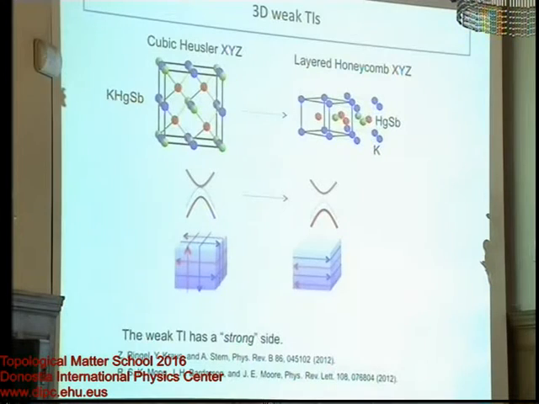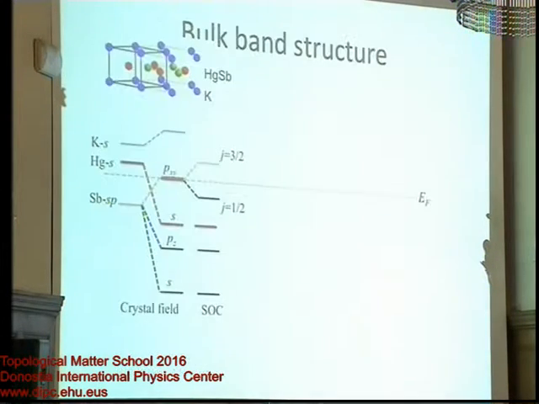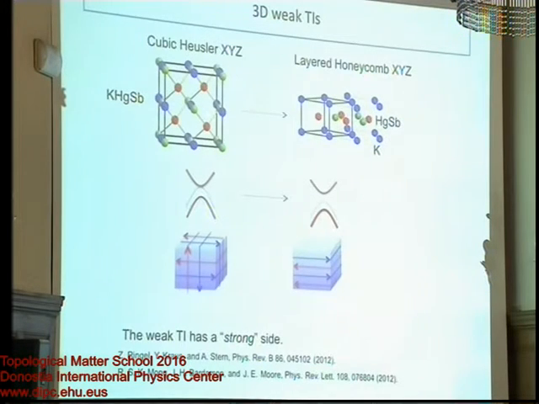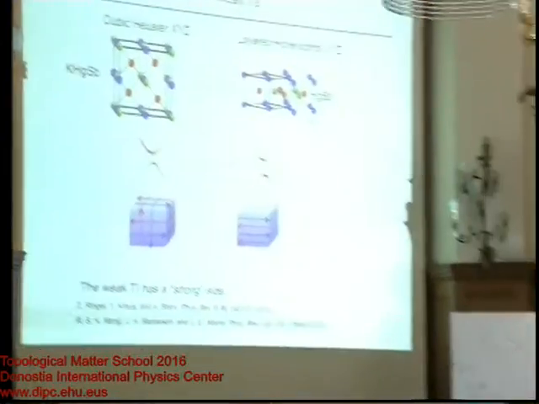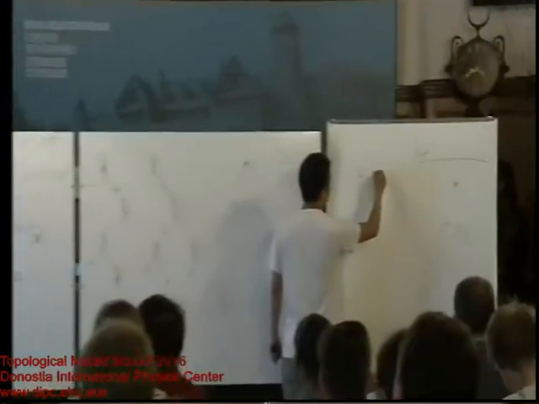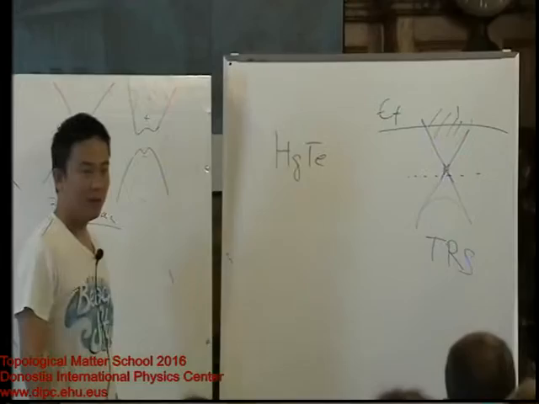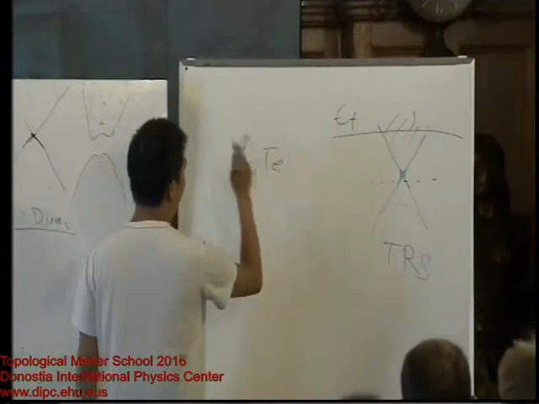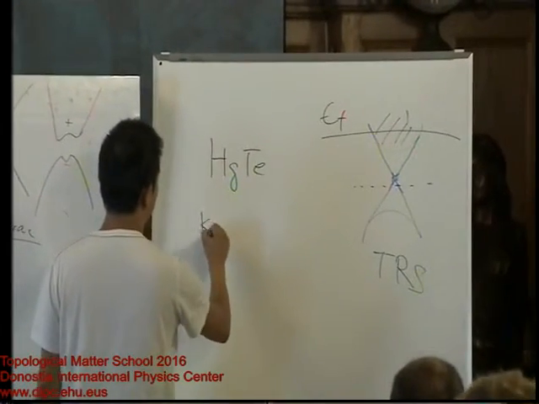And now we have an idea. Let's go to one material. This material actually looks a little complicated, but let's forget the potassium for now. What is this material exactly? Now we know the formula of mercury telluride, and now just play a very little chemistry.